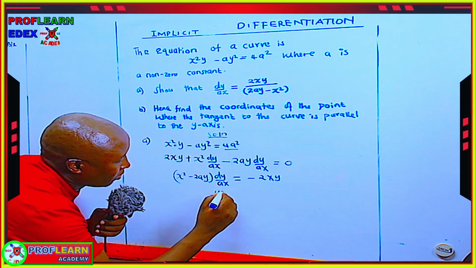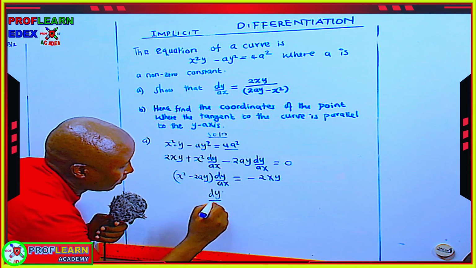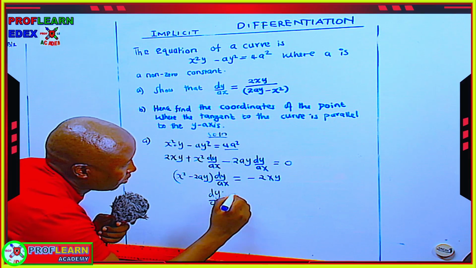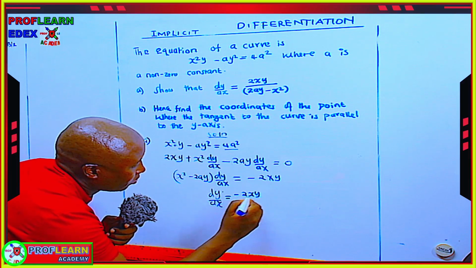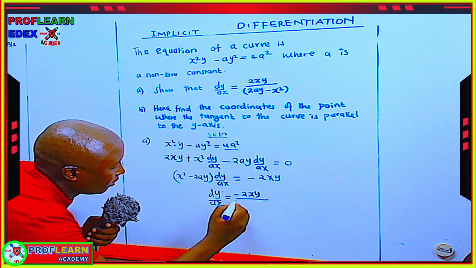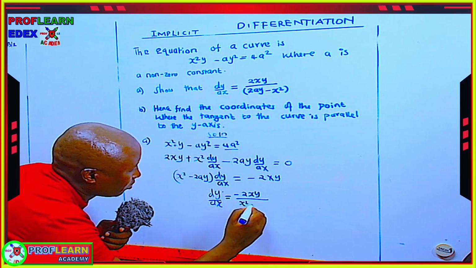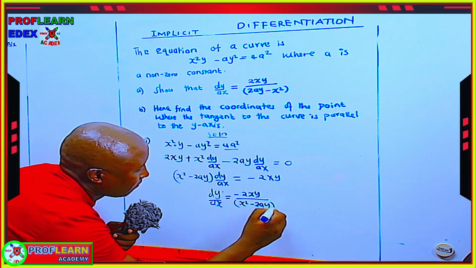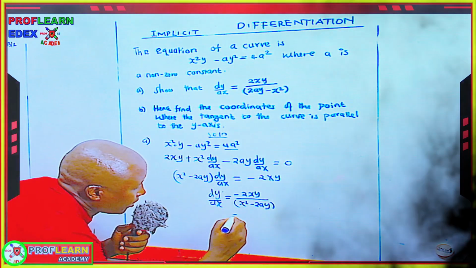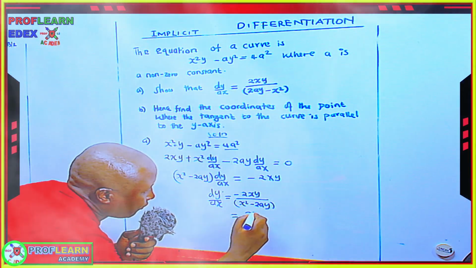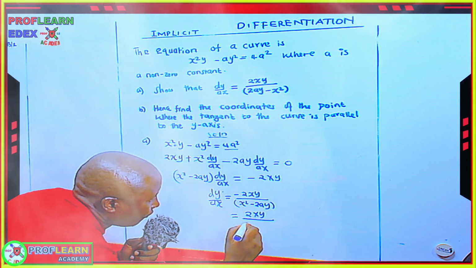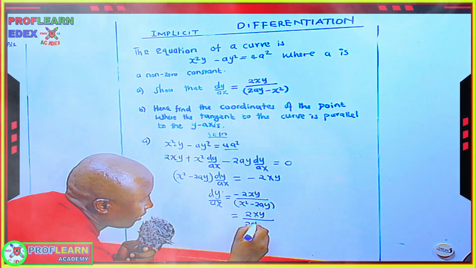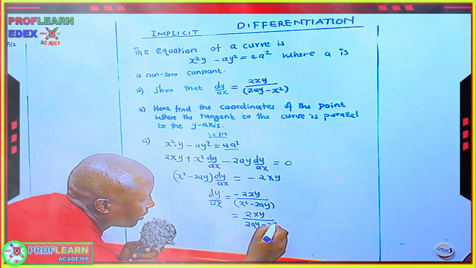So with this, I can divide both sides. I remain with dy/dx equals negative 2xy, divided by x squared minus 2ay. With this minus, I can rearrange the equation, and I have 2xy over 2ay minus x squared.